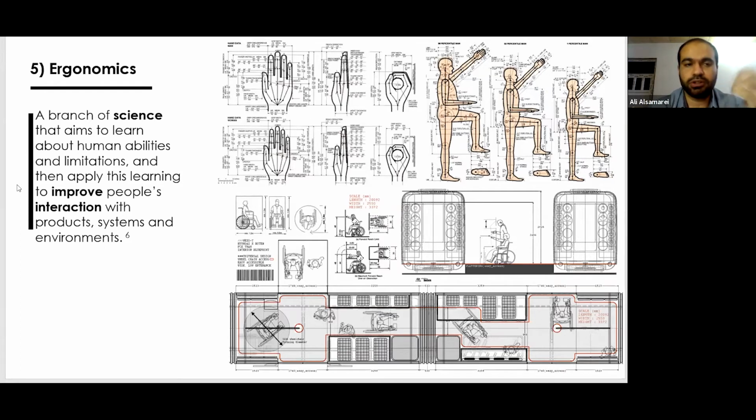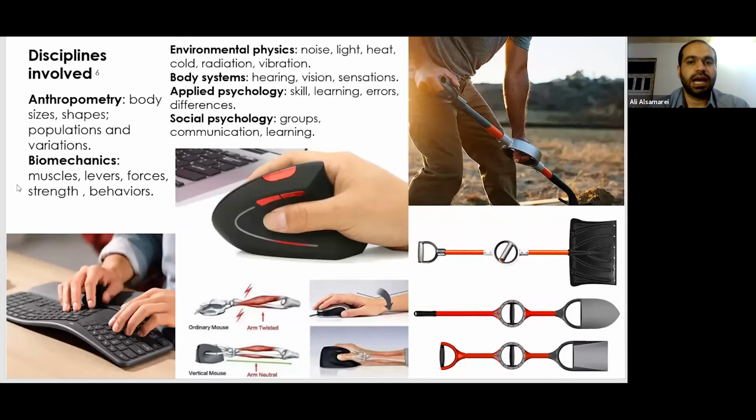You need to keep it in your mind while you're designing. And again, it is also combined from different disciplines such as anthropometry, biomechanics, environmental physics, body systems, applied psychology, and social psychology. They all come together, or maybe different products have different areas.